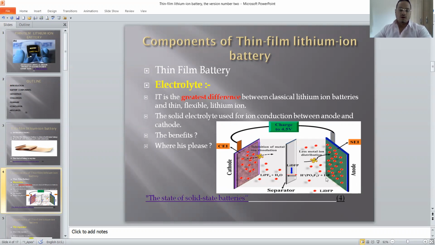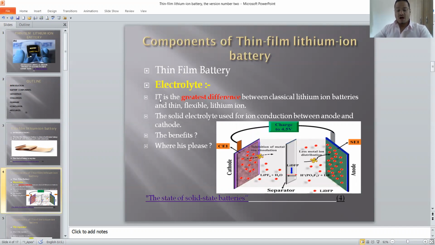We can say that in all batteries we have the electrolyte, not just in the thin film lithium-ion, on the same system, but we have one difference. I will explain it. At first, the electrolyte takes its place between the two electrodes, anode and cathode.